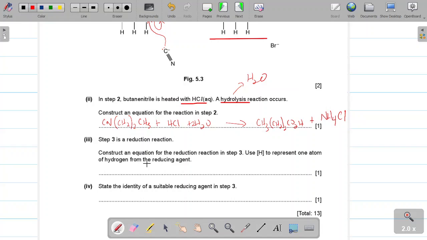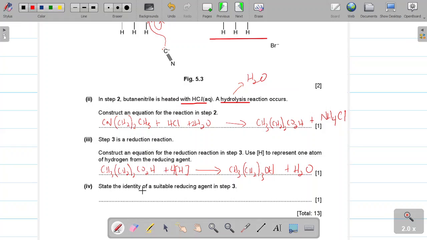So in this case, we have the butanoic acid, CH3, CH2, CH2, CO2H, and it's reacting with hydrogen from the reducing agent, and we are going to get a primary alcohol, which in this case would be CH3, CH2, CH2, CH2OH plus water. And to balance this equation, we would include a 4 in front of the hydrogen.